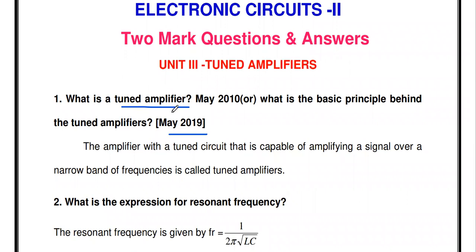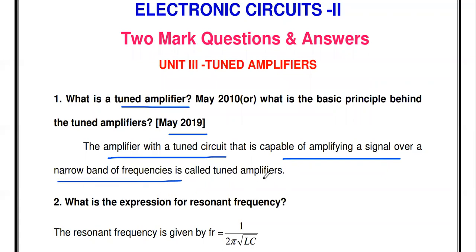So already you know, an ordinary amplifier is used to amplify a wide range of frequencies. But a tuned amplifier is used to amplify only a selected range of frequencies. The amplifier with a tuned circuit is called a tuned amplifier, which is capable of amplifying a signal over a narrow band of frequency.